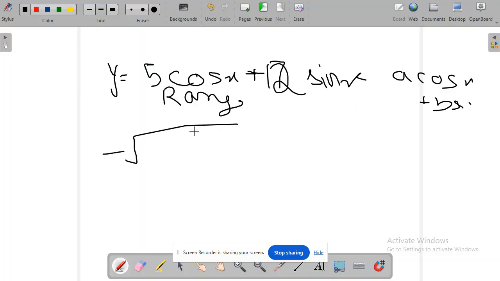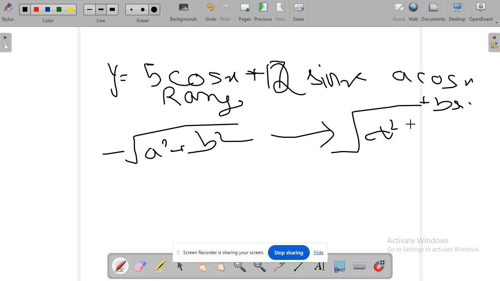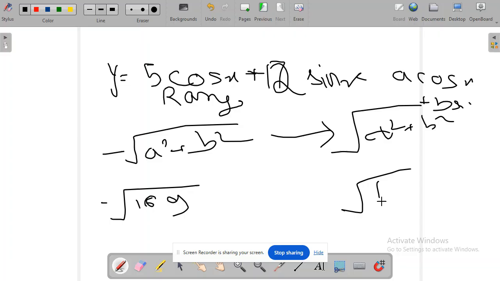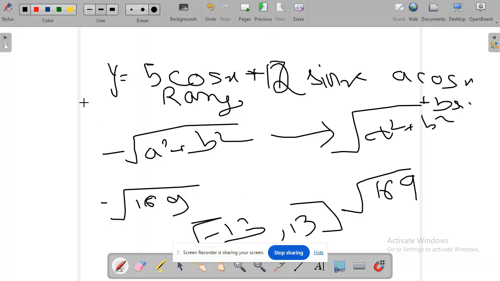Its range will be from minus root over (a squared plus b squared) to plus root over (a squared plus b squared). So here it will be from minus root 74 to positive root 74. A frequently repeated sum.